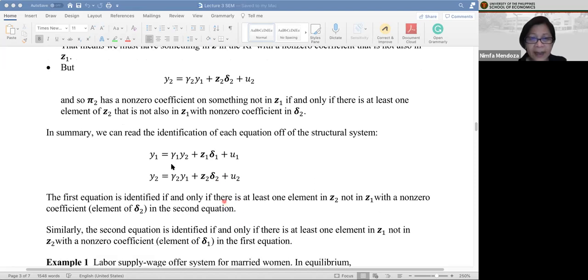Similarly, the second equation is identified, okay? Y sub 1 is an endogenous variable. We want an instrument for y sub 1. So there must be some variable in C sub 1 with non-zero coefficient that does not appear in C sub 2.